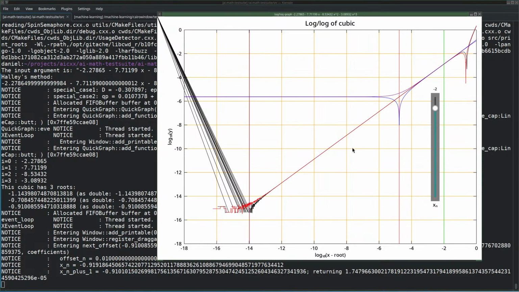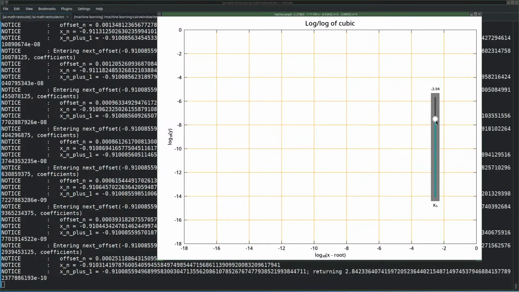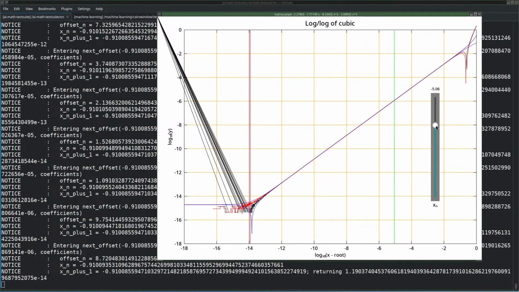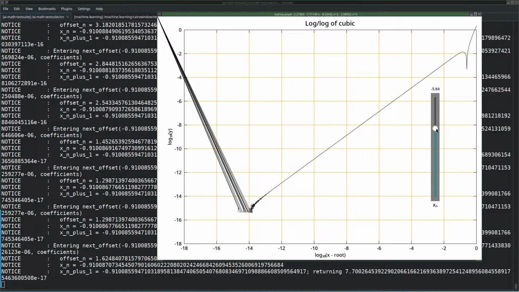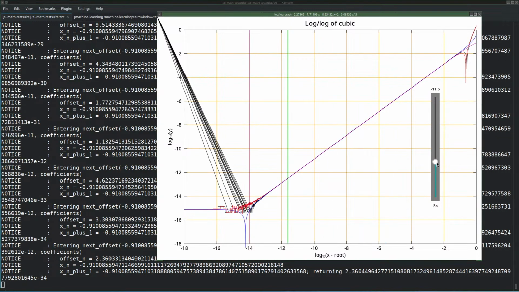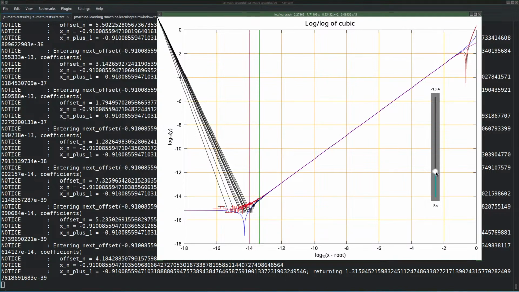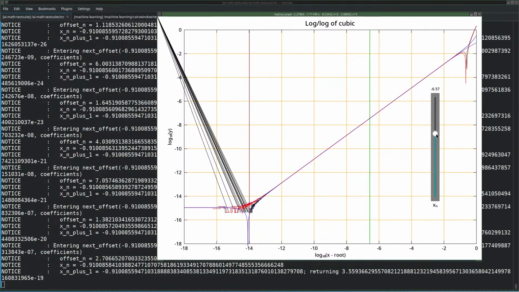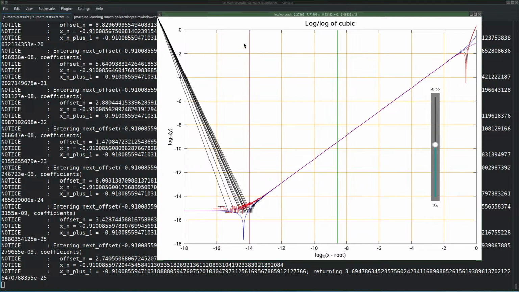No, anyone see a purple line? I don't. Maybe this line here at minus 14.